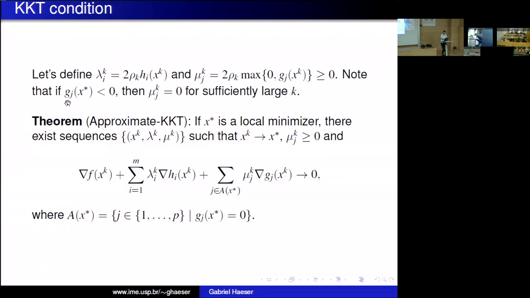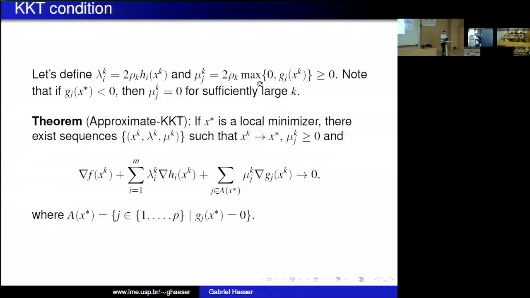And we note some other thing. If I have an inactive constraint, if at the solution gj of x star is strictly smaller than 0, this formula will result in 0, if I have k large enough. Okay, so we have a convergent sequence, xk converges to x star, and at the limit gj has a negative value. So if k is large enough, gj of xk must also be a negative number.